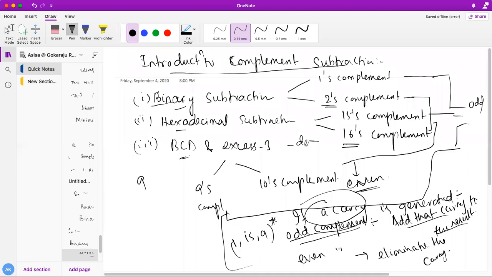Out of 6, 3 are odd complement techniques and remaining 3 are even complement techniques. For the odd complement techniques, if any carry is generated, that carry needs to be added to the result. If you are using even complement technique, if carry gets generated, you just eliminate the carry. So this is the simple golden rule you have to follow to do the subtraction.